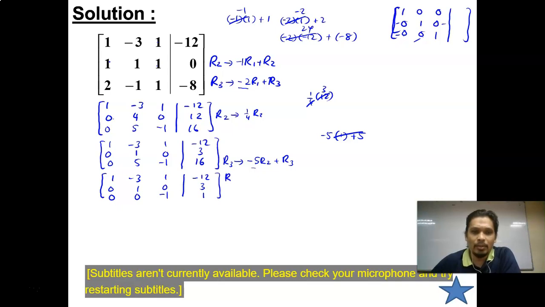Then the new R1, we make the operation between this one and this negative 1. R1 equals R3 plus R1. So negative 1 plus 1 equals 0. So then we get 0, 0, 1, 0, 0, negative 1, and then 3, 1.